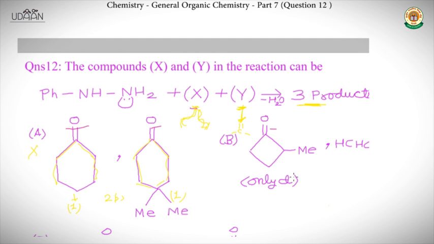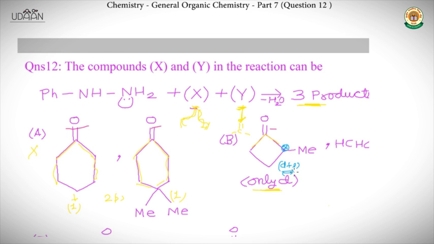In this, for compound B, only the D form is given. Only one compound is there. What do you mean only D form? Only D, because this compound is chiral, this is optically active. So this may be in D form plus L form, maybe.